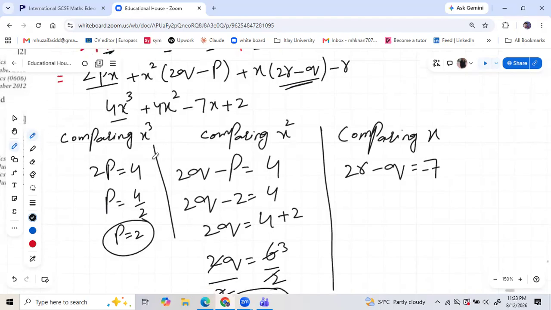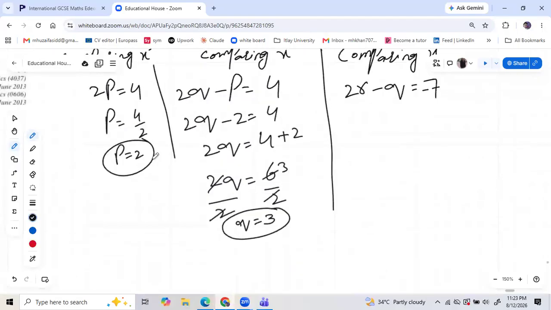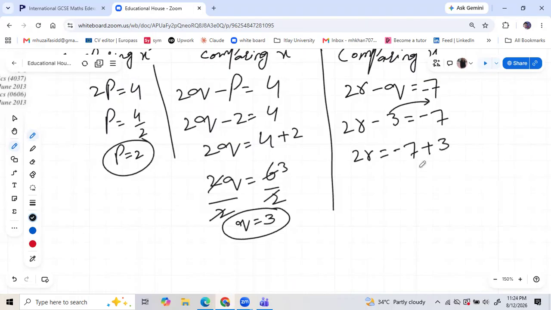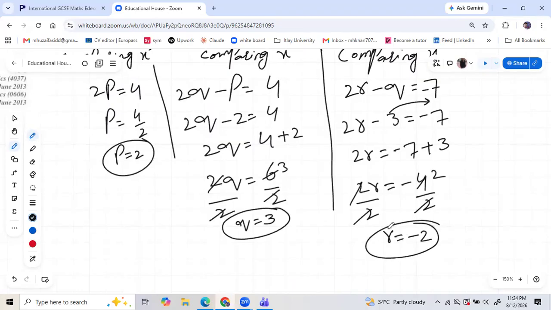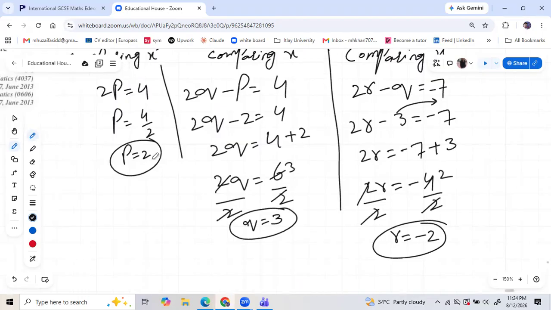So the value of q is 3. So we put this is minus 3 is equal to minus of 7. So this is 2r is equal to minus 7. So minus 3 is going to the other side. So this is plus of 3. This is 2r is equal to minus 4. This is divided by 2. So look at it here. r is equal to minus of 2. Got it?